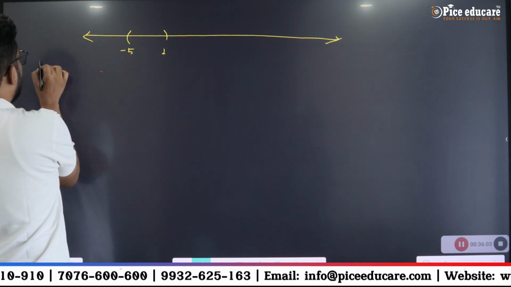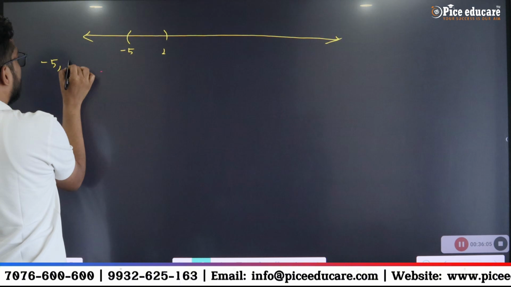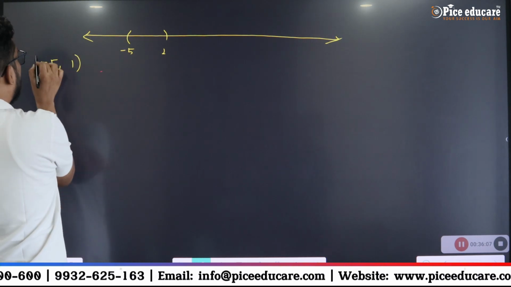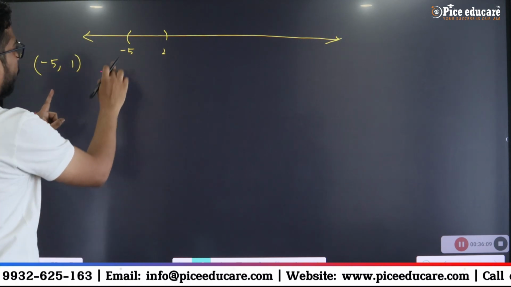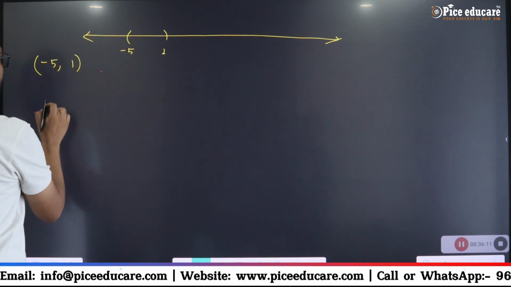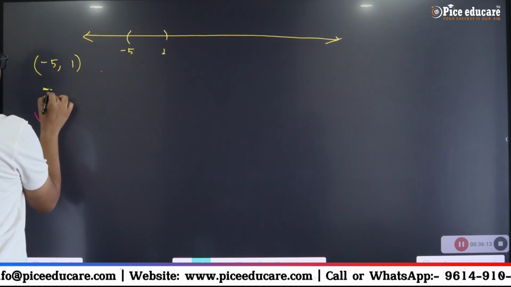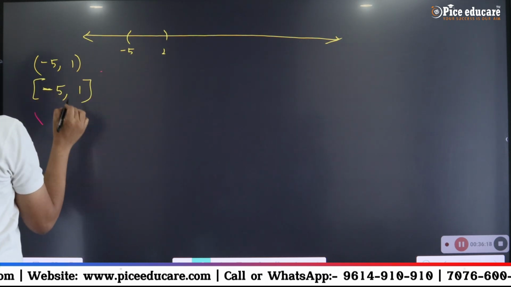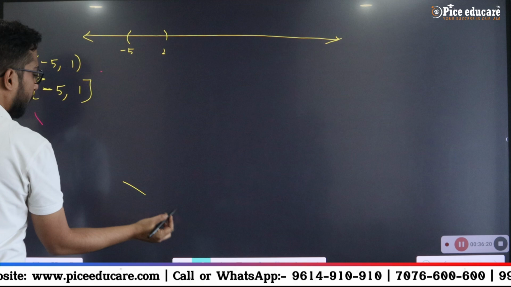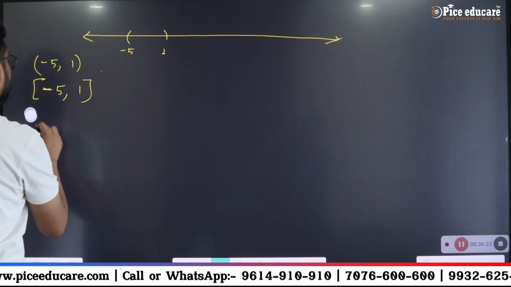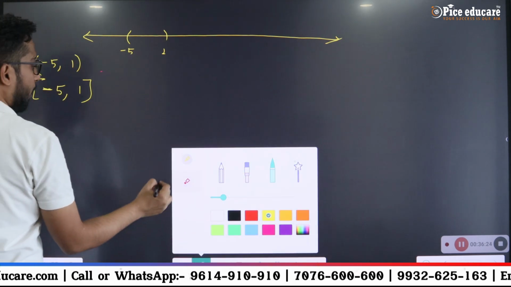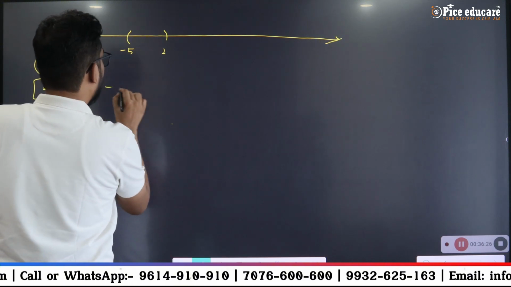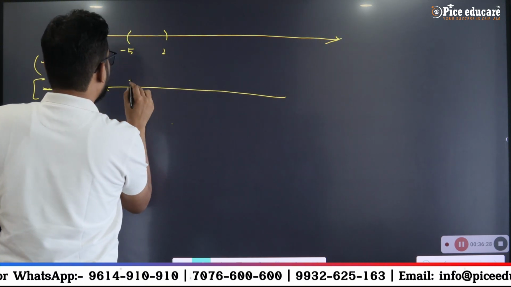If I have to represent the scenario where I am talking about open intervals, I will put a bracket like this. If I want to say that I am talking about closed intervals, not open, in that case I will put a bracket like this.